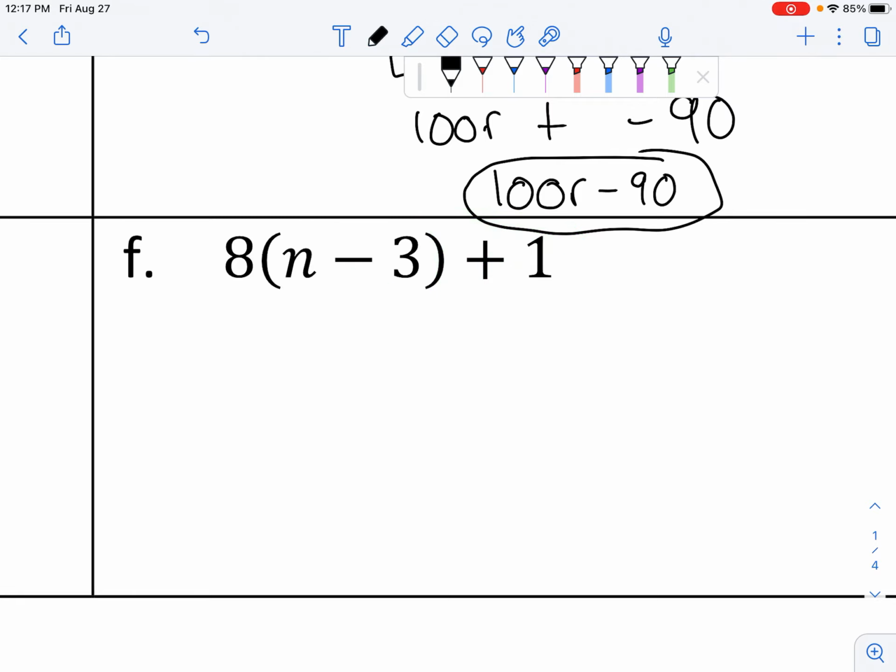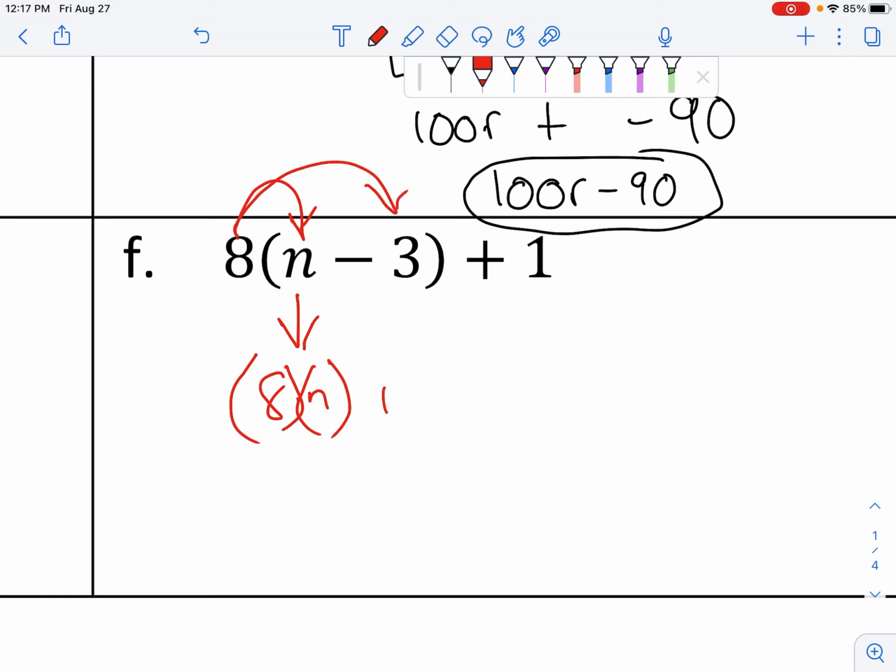It's not in the group. So here I'm going to say 8 times n, or I could do it with parentheses. I could do 8 times negative 3. So 8 times n is 8n. 8 times negative 3 is negative 24.